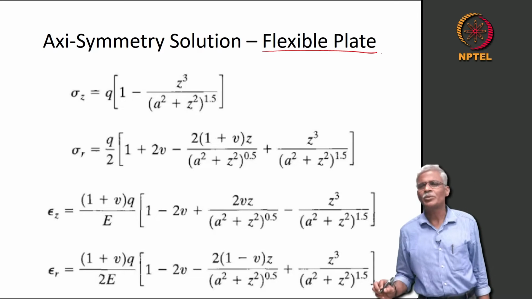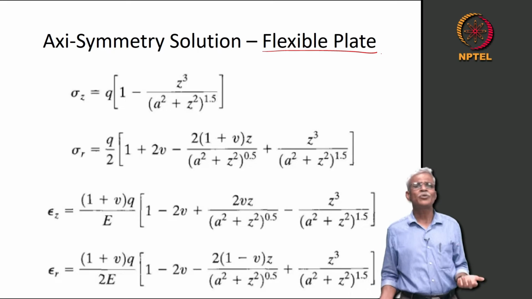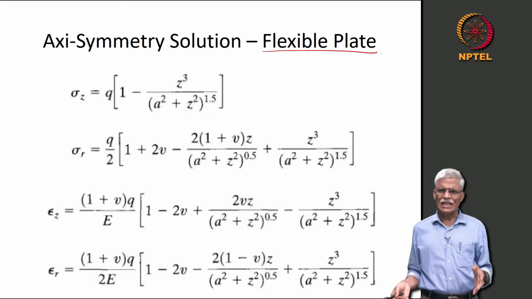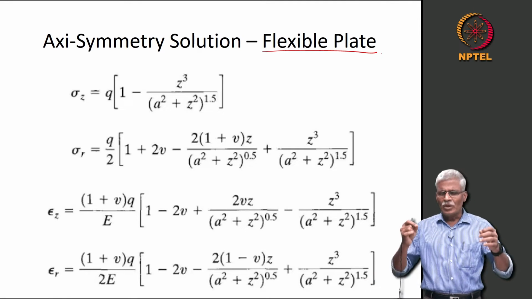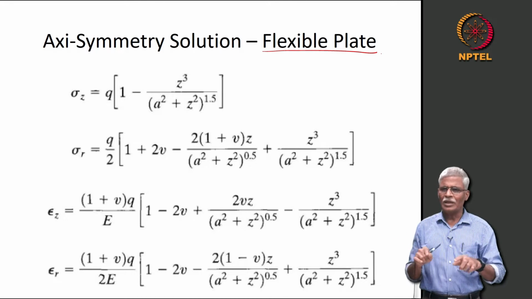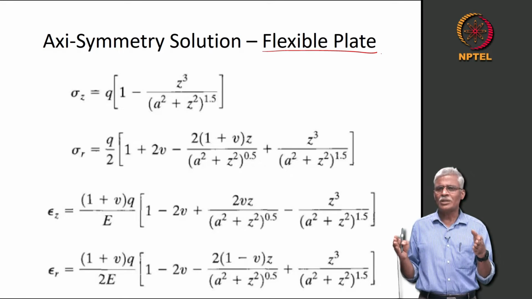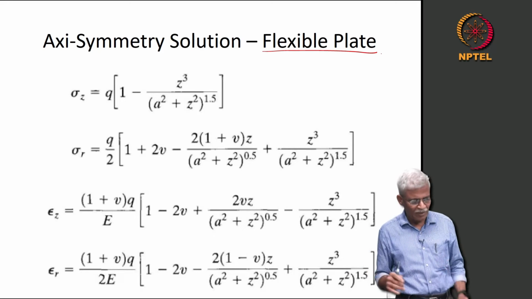Why is this a flexible plate solution? It will become clear to you. Do not confuse it with the tire. Oh, is it because it is flexible? No, nothing like that. It all depends on the load that is being applied on that particular area, whether that load per unit area distribution is constant or is it varying. That is what really matters.